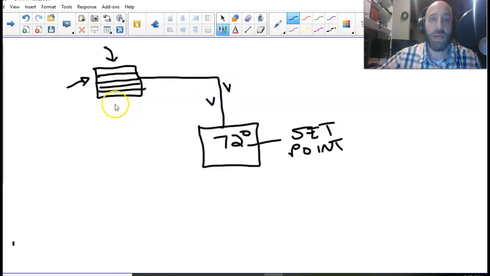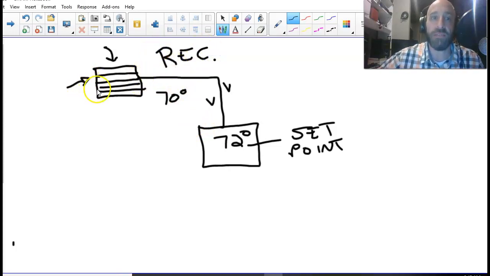So for example, let's say the temperature drops down to 70 degrees. Okay, that is going to be our receptor. So the receptor is taking information from the outside environment and sending it to the control center where it's interpreted.